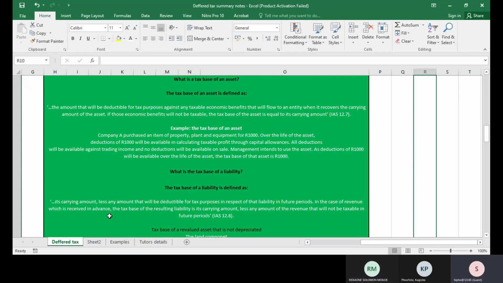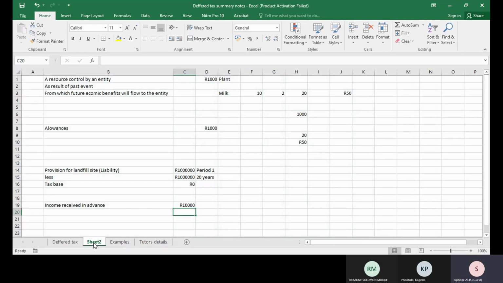Because you haven't yet performed any services or delivered any goods. So they paid you in advance. Should it happen that you don't deliver, you still need to pay them back their money. You agree with me? Yes. So it's basically a liability to you because you owe them up until such time that you deliver the service or the goods. So it's a liability. Let's put it in brackets.